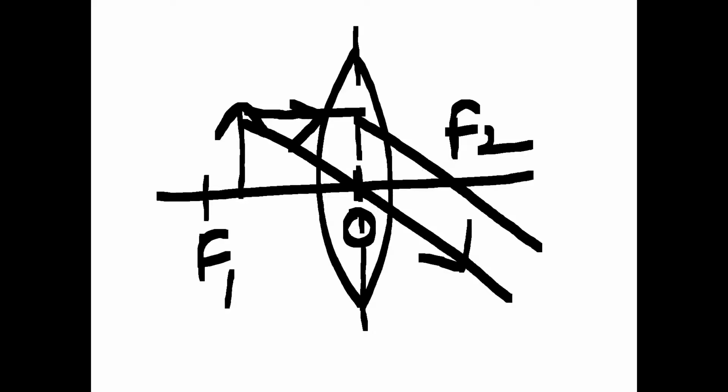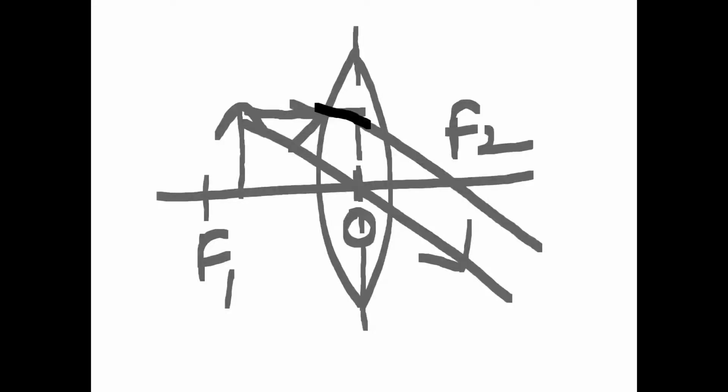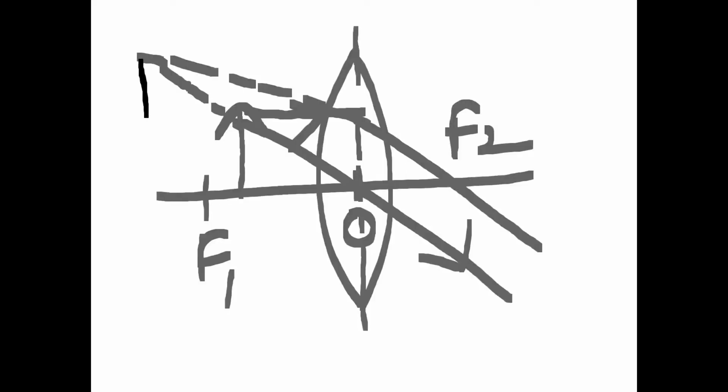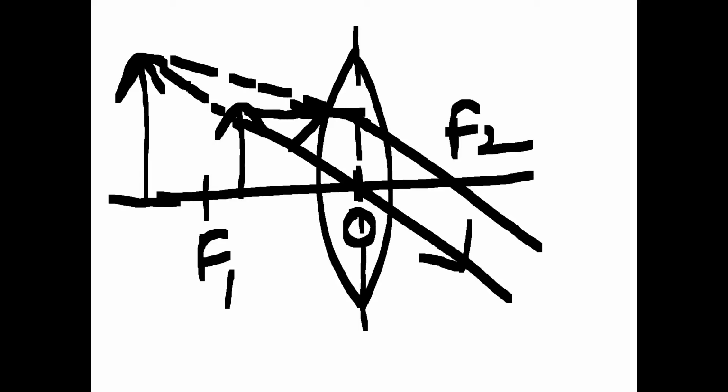Okay, it is between f and optical center. You will raise the rays in the backward direction, and you will get here an image. This is an exceptional case. This image will be formed on the same side of the lens, and highly magnified, virtual and erect.